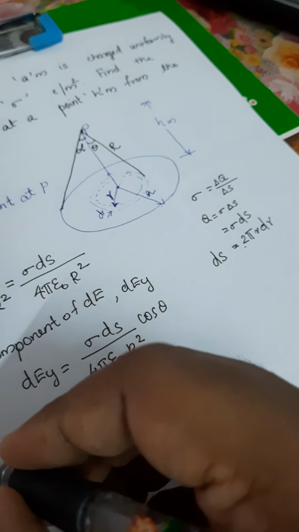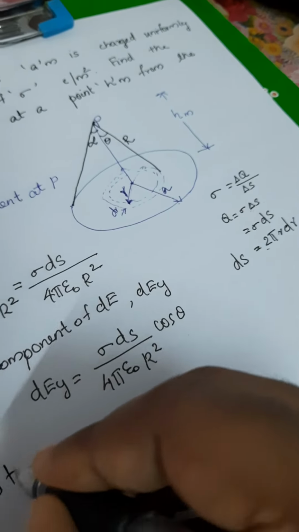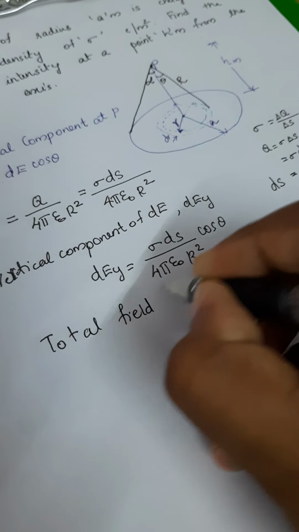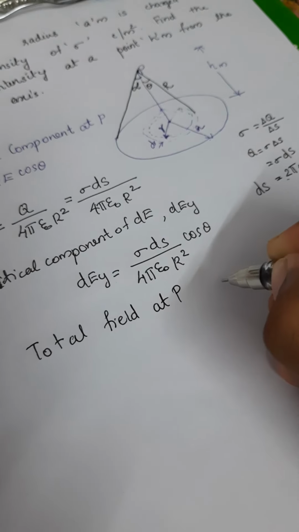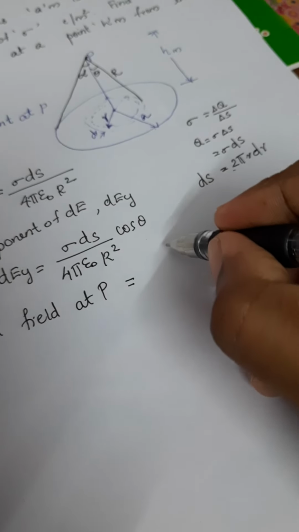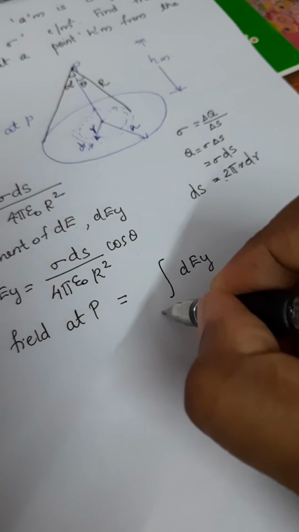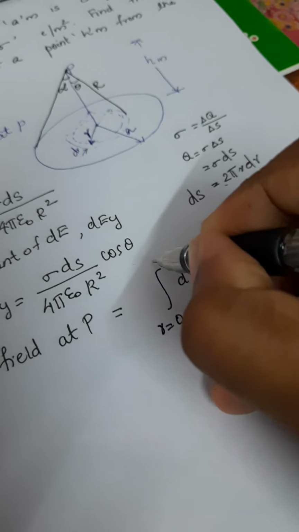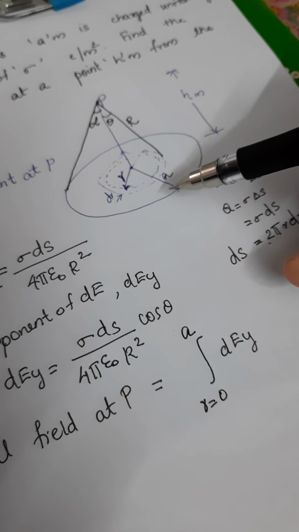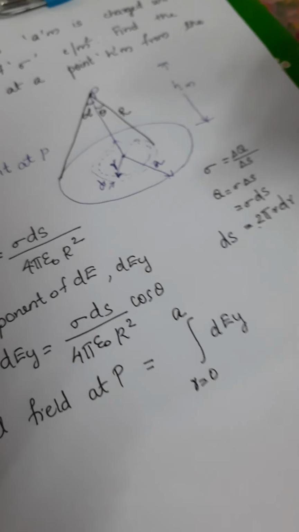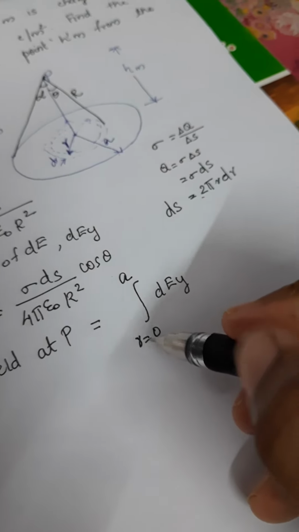So we have to find the total field at P. In order to find the total field, we have to integrate dy from r equal to 0 to a, that is from the center to the radius a of the circular disc.